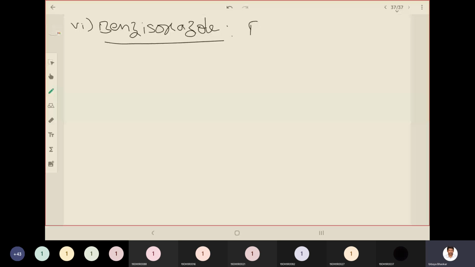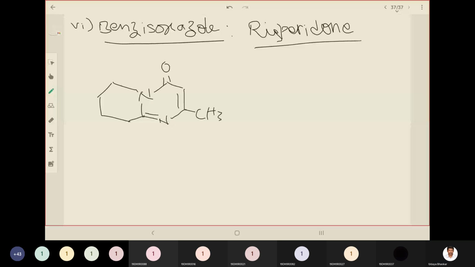So what is this moiety? Tetrahydropyridine is fused with pyrimidine, and you have a carbonyl group and a methyl substituent.